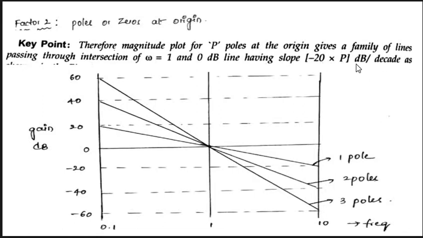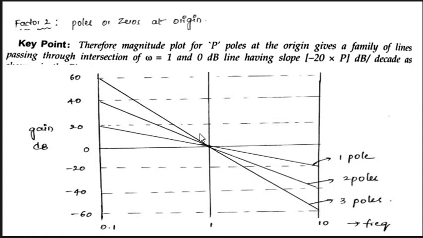It's very important. So the gain decreases minus 20 dB per decade. For every 10 times change in frequency, the gain decreases by minus 20 into p, where p depends on the number of poles. If only a single pole at origin, p value is 1. If 2 poles at origin, p value is 2. If 3 poles at origin, p value is 3.